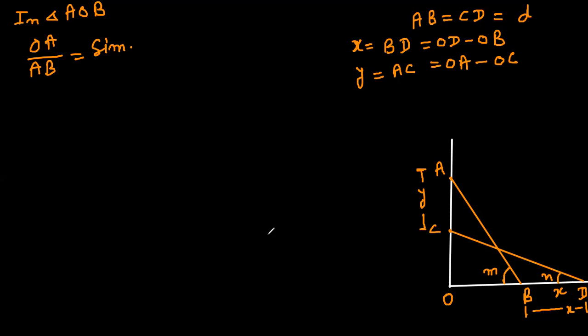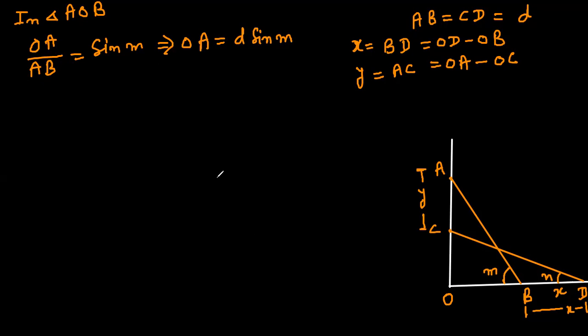We can put in place of AB the value d. So this implies OA is equal to d sine m. All right, let's say this is one equation.